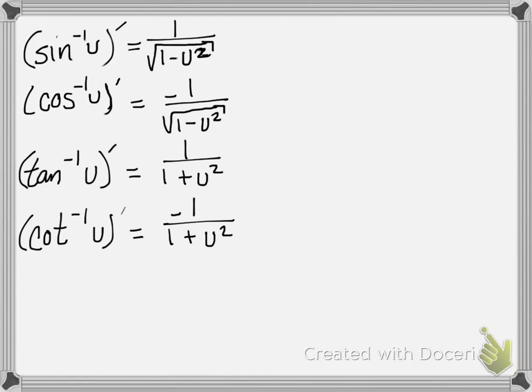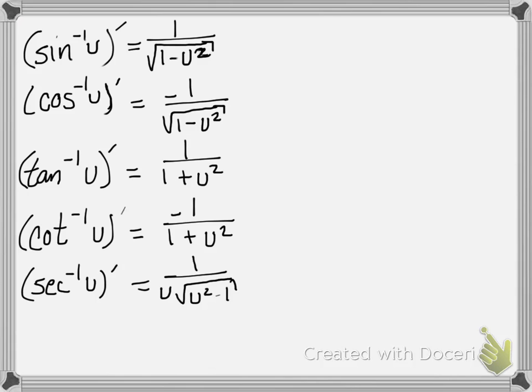And let's see, arc secant of u, the derivative is going to be equal to 1 over u square root of u squared minus 1.